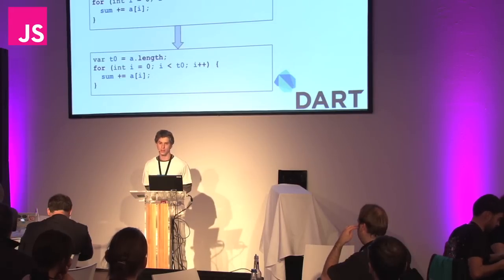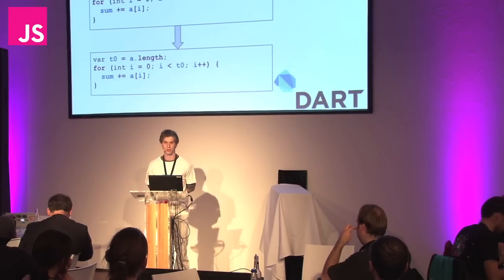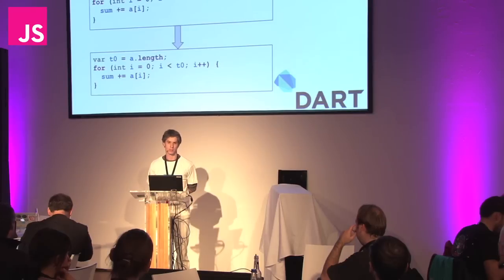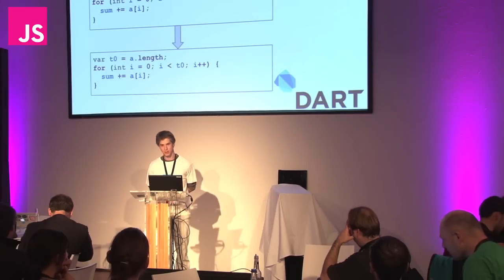And if the VM doesn't inline it, it will not see the same thing. Also, doing this might help us optimize our own code. If we can bail out earlier, that's the biggest thing. If we can move it out of the loop and then have a bailout that is not inside the loop but outside the loop, we are much faster.